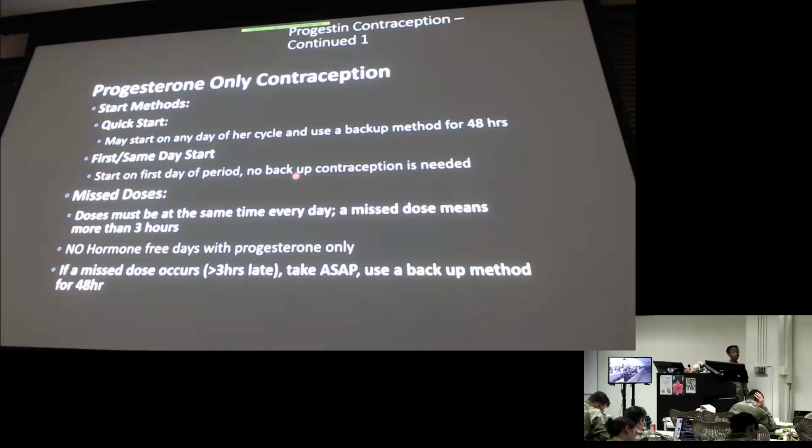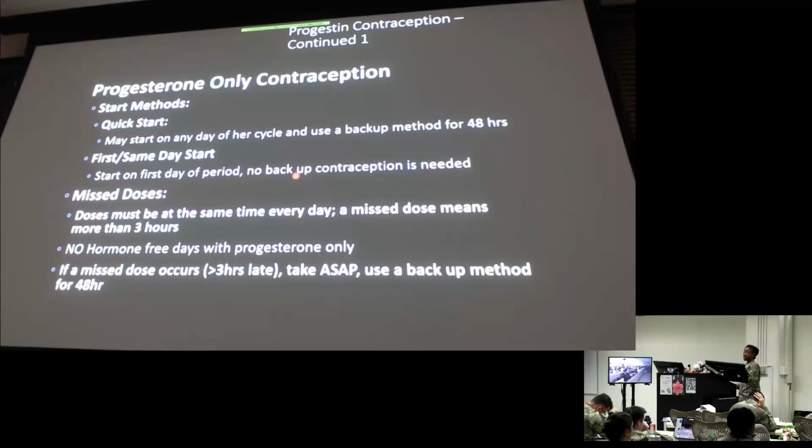And then with your first or same day start, this is on the same day that their period started, and then again, no backup method is needed. So this is different from your combined oral contraceptives in the fact that there's no Sunday start here, and you also see that it's 2 days instead of 7 days, okay, as far as how long your backup method needs to be.